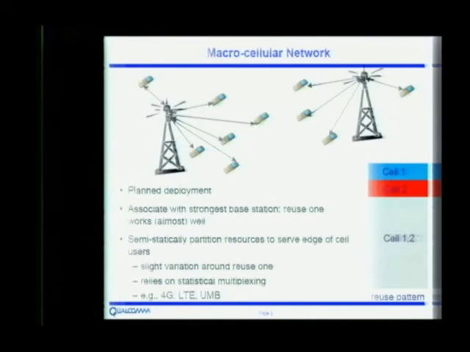Then there are techniques which help you serve users on the edge of the cell, where the interference could still be significantly strong. What you do is essentially some semi-static partitioning of resources across adjacent cells. What helps again is that because you have many users in a cell, you get some statistical multiplexing gains, and hence you only need to do the semi-static partitioning over a slower time scale.